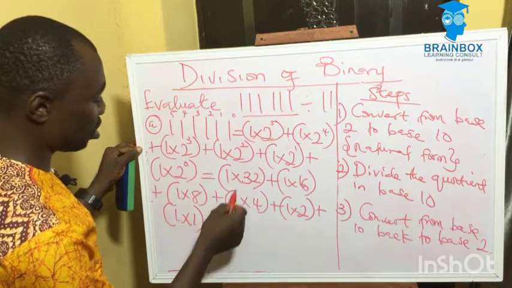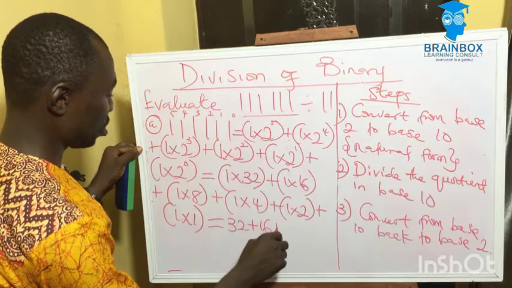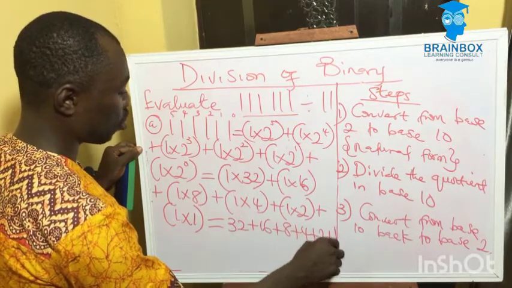So this will be 32 plus 16 plus 8 plus 4 plus 2 plus 1.